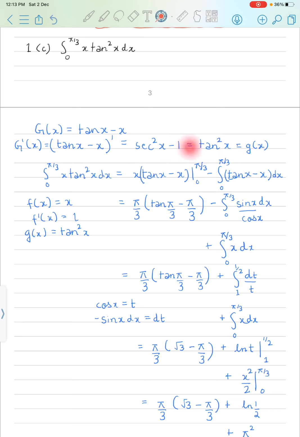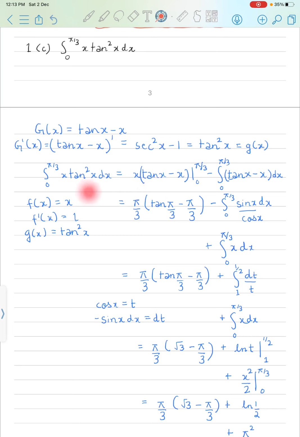This tan square x is our small gx. So everything is fine, and I'm taking small fx as x, and f dash x will then become 1.